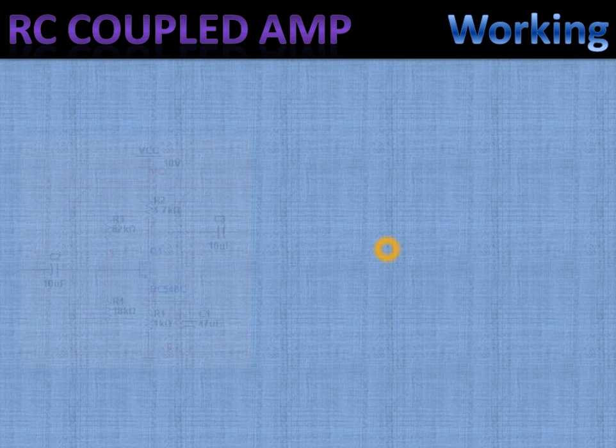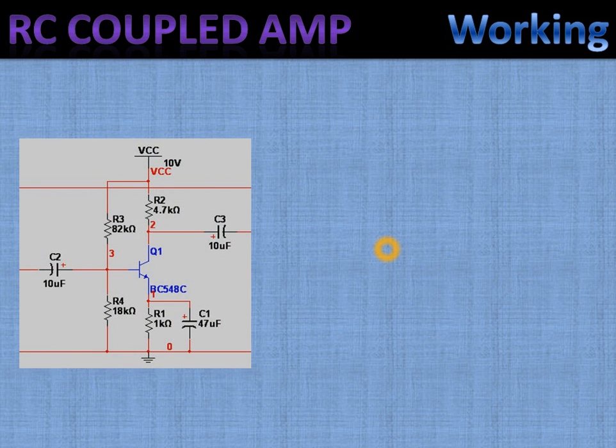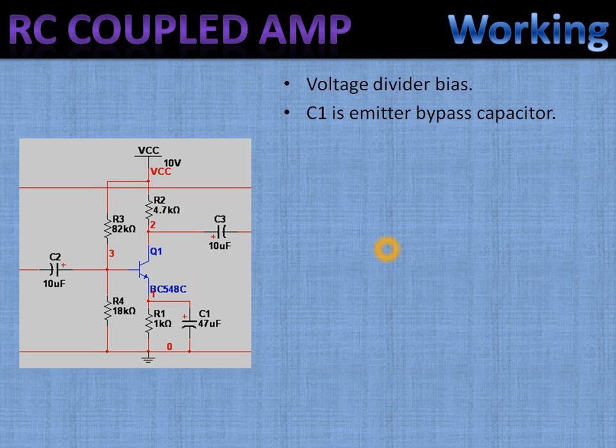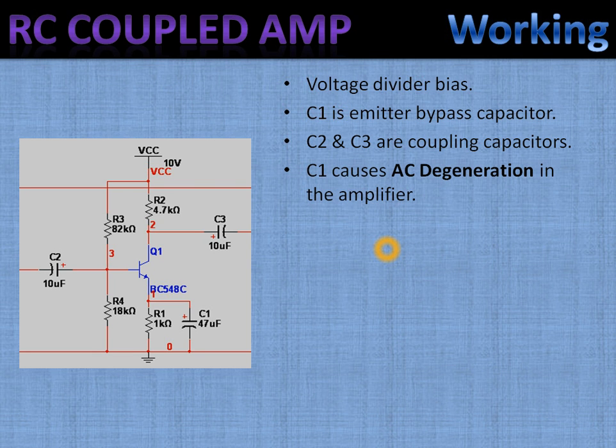The circuit of an RC coupled amplifier is basically a voltage divider bias circuit. Capacitors C2 and C3 are coupling capacitors at input and output respectively, to block DC and just pass AC signals. CE is a bypass capacitor at the emitter.